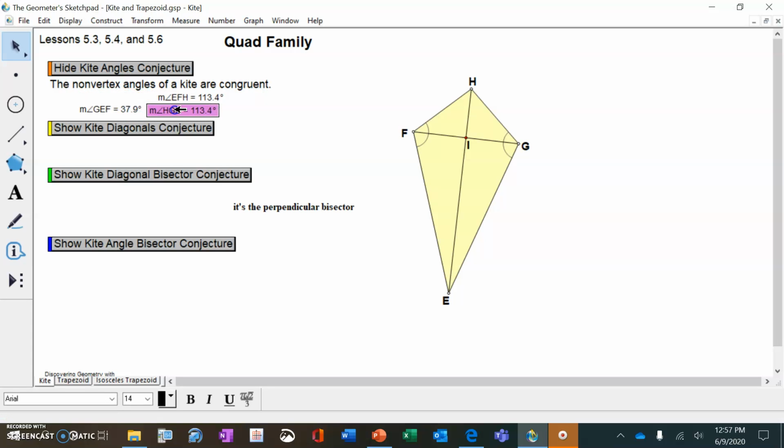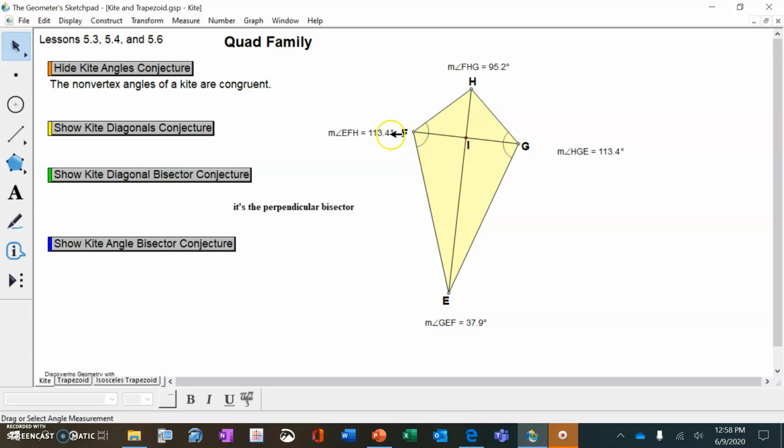So angle HGE is over here, and angle EFH is over here, and GEF is there, and FHG is there. So we're looking at the non-vertex angles. The non-vertex angles are where the non-equal sides come together. So this would be one of those angles and one of these angles here.